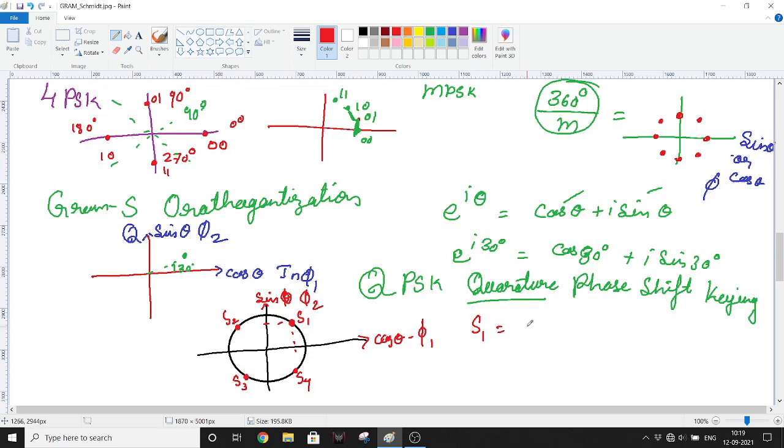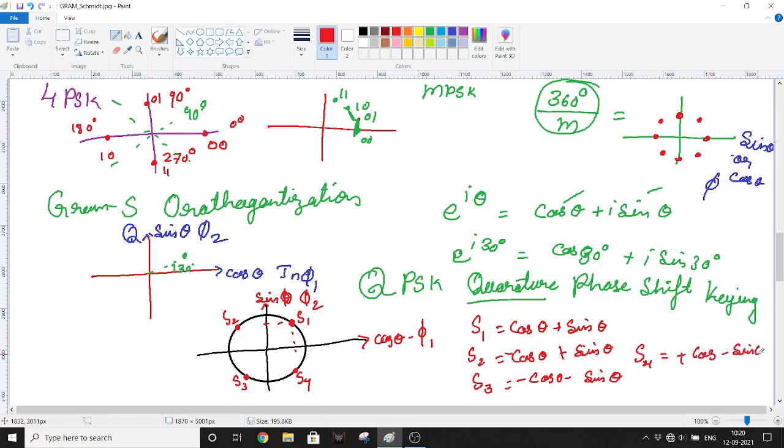So symbol 1 is equal to cos theta plus sin theta. Symbol 2, minus cos theta plus sin theta. Symbol 3, we have minus cos theta minus sin theta, and symbol 4 is plus cos theta minus sin theta.